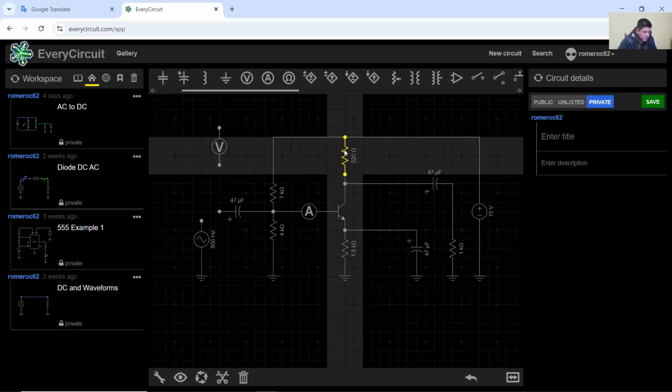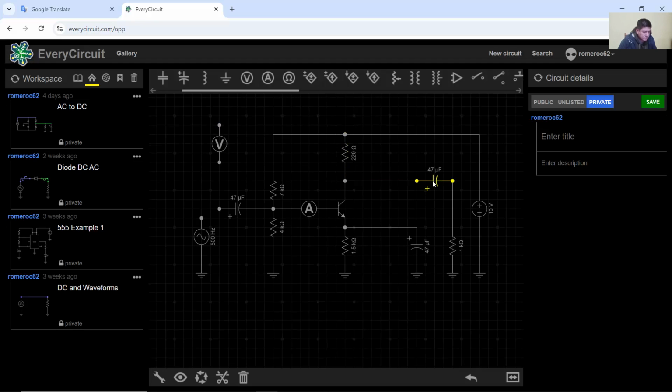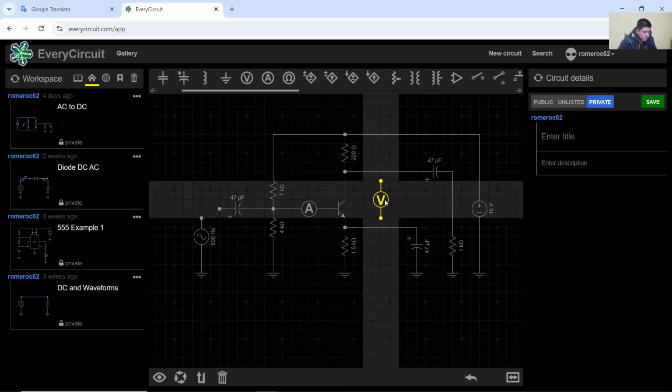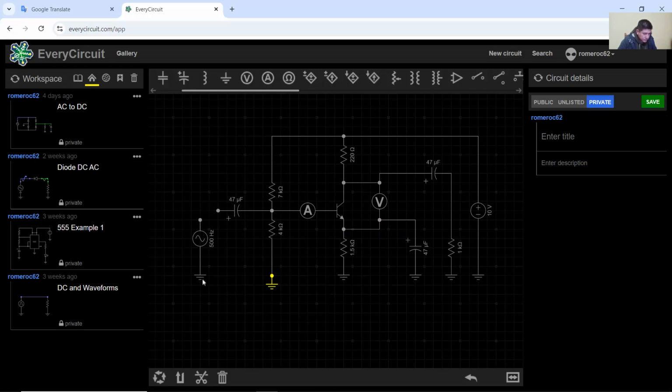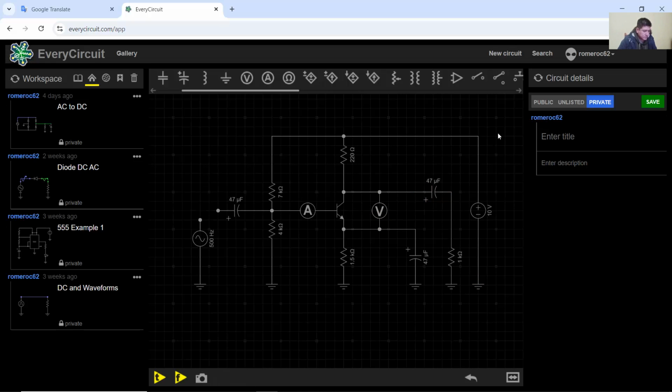Okay, more space. Join these nodes, very good.